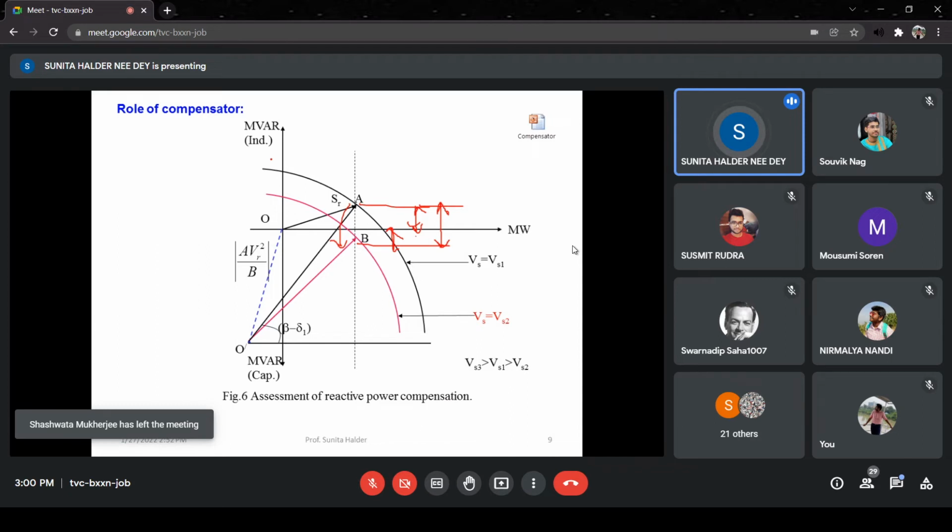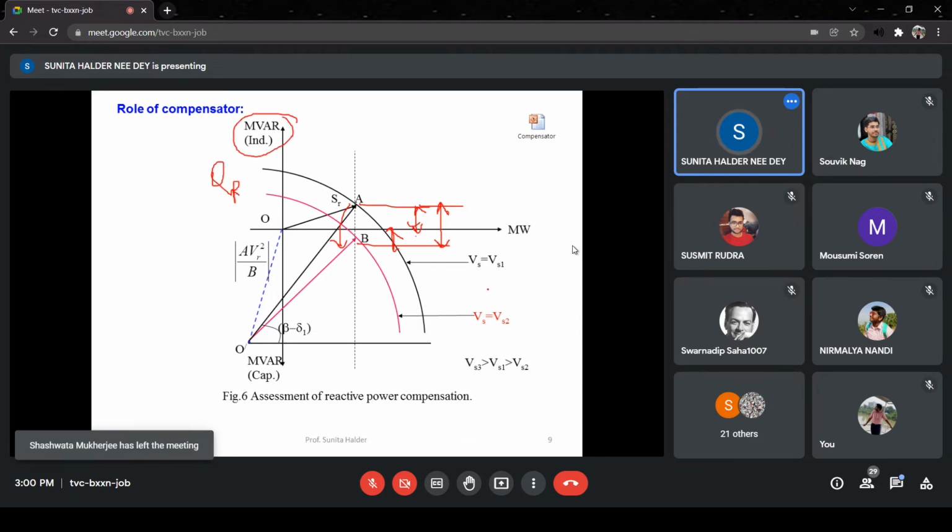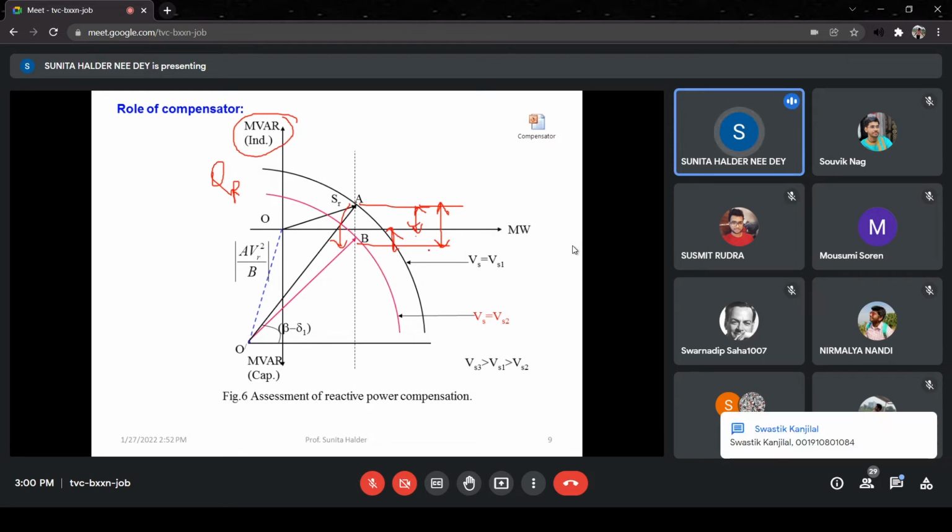Which reactive power? The QR. This is the QR, on the y-axis there is QR. So this QR you can easily compensate. So one inductive power bar, you have to make a capacitive bar. Then how much compensation will be required? This plus this, by shunt capacitive compensation. So this is the concept.